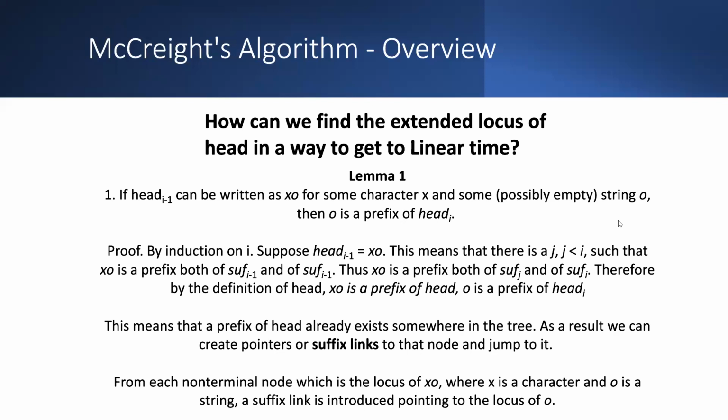Thus, XO is a prefix of both suffix J and suffix I. Therefore, by the definition of head, XO is a prefix of head, and O is a prefix of head sub I. What this means is that a prefix of head already exists somewhere in the tree. As a result, we can create pointers, or suffix links, to that node and jump to it. From each terminal node, when the locus of XO, where X is a character and O is a string, a suffix link is introduced pointing to the locus of O.